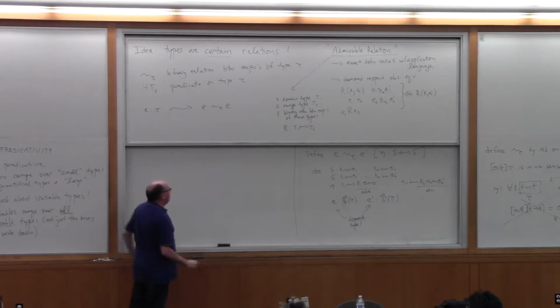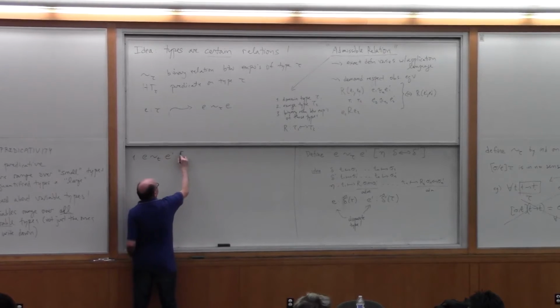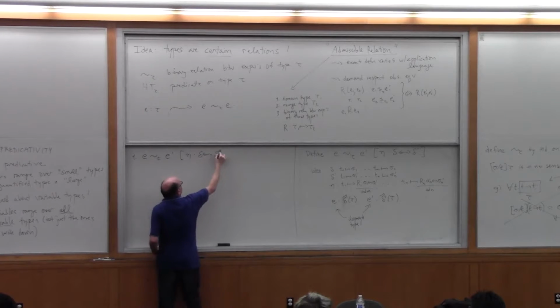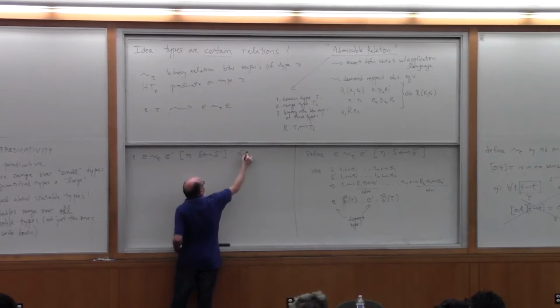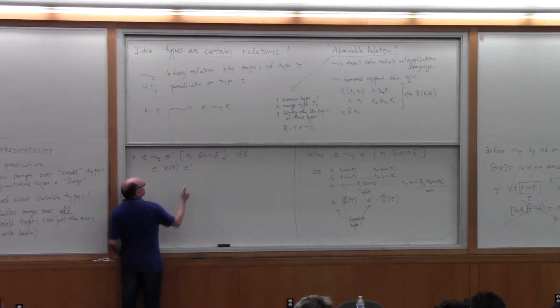Okay, so now how do we define this? First clause: what about a type variable? What do I want to say here? E is eta of t related to E prime.